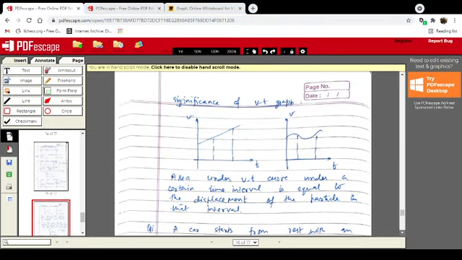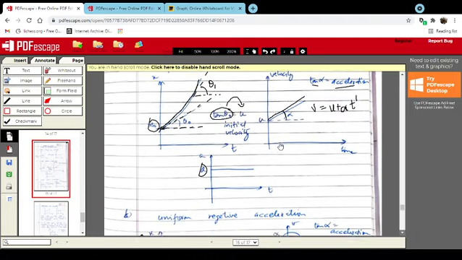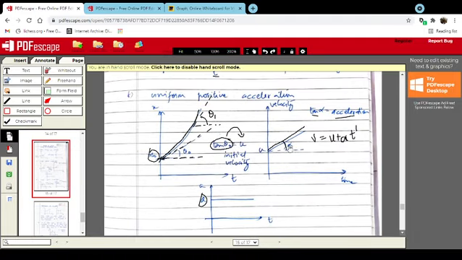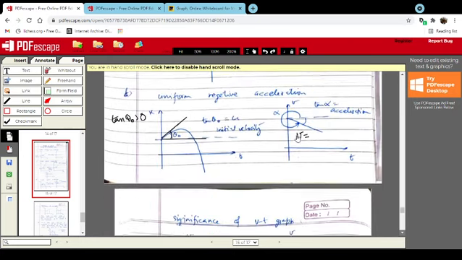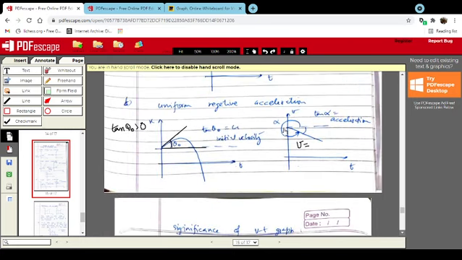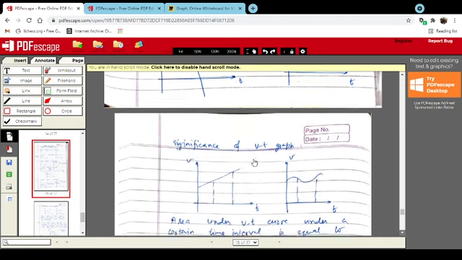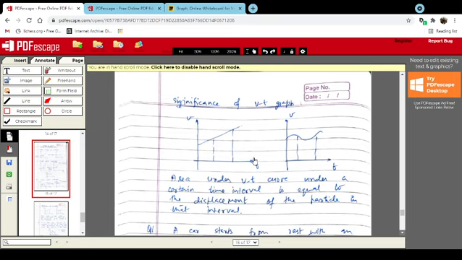In the case above, the slope of the velocity time graph was positive, and in this particular case the slope of the velocity time graph is negative. So this gives us some crucial information.